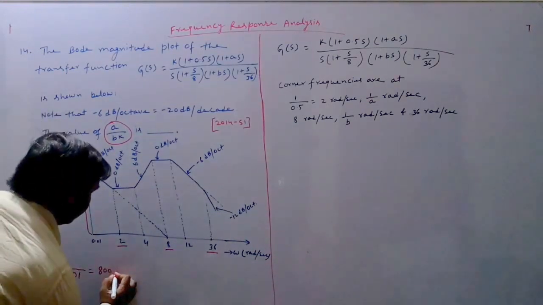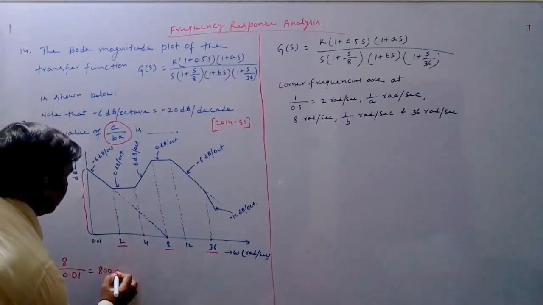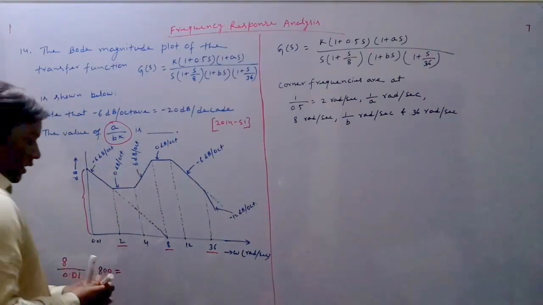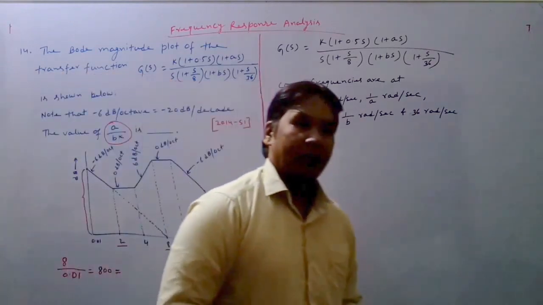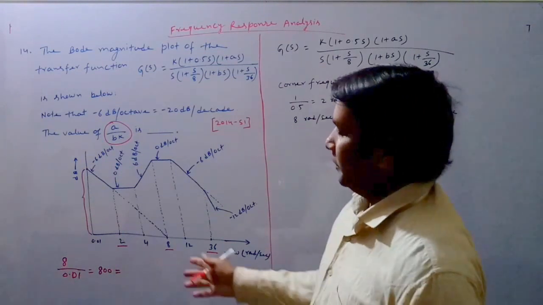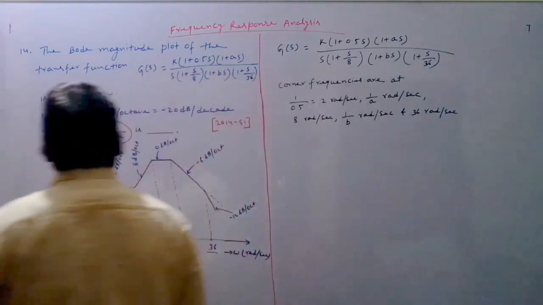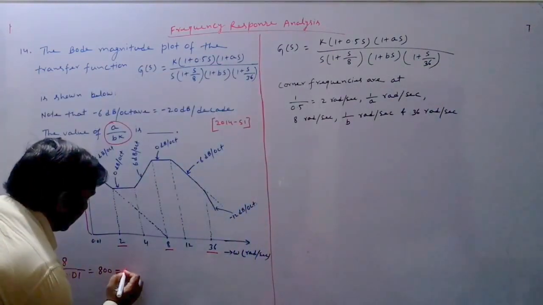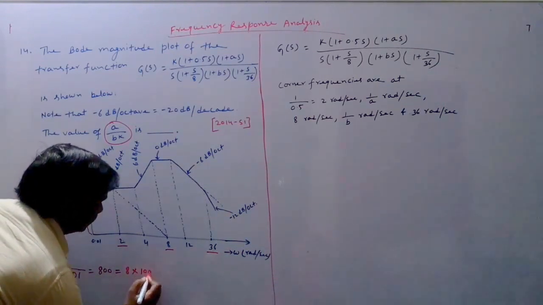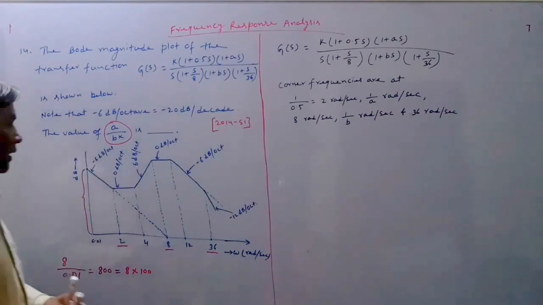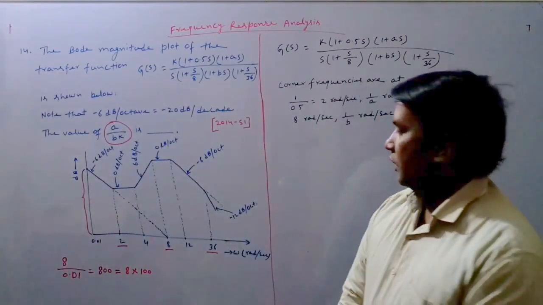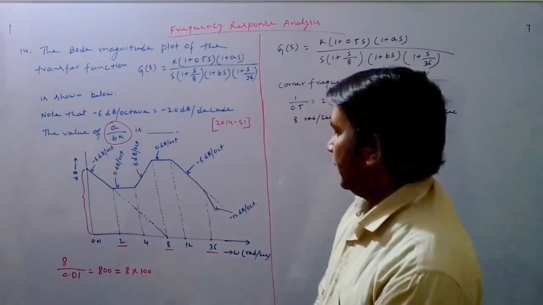If we factorize this in terms of decades and octaves, we can write it as 8 multiplied by 100.